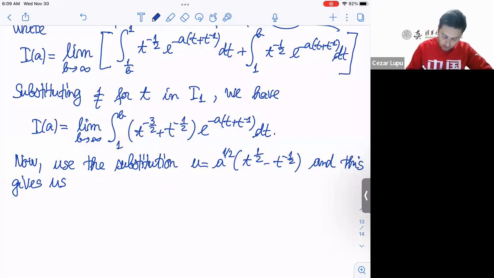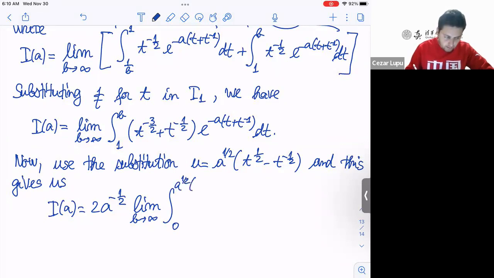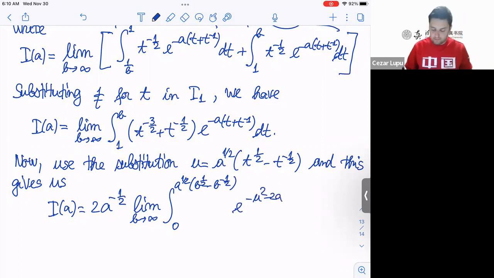let's see. So I of a is, so we have a factor that will be 2a to the negative 1/2, the limit as b approaches infinity of the integral from 0 to a to the 1/2 times b to the 1/2 minus b to the negative 1/2 of e to the power negative u squared minus 2a, I think, du.